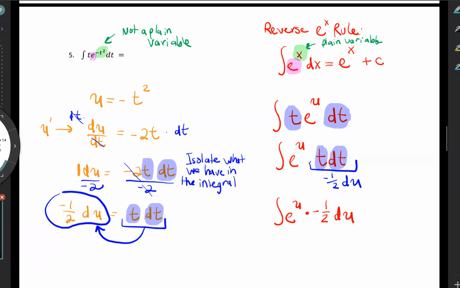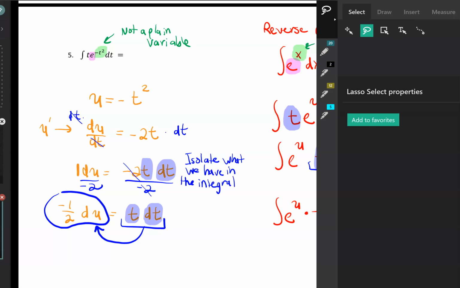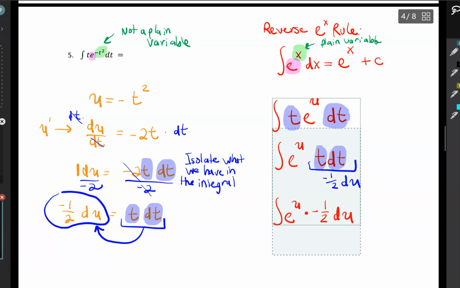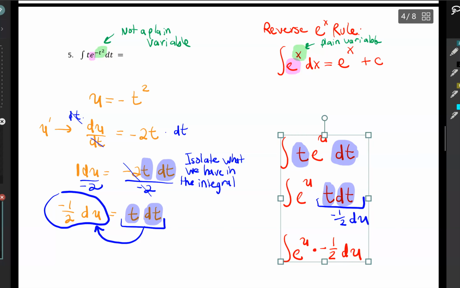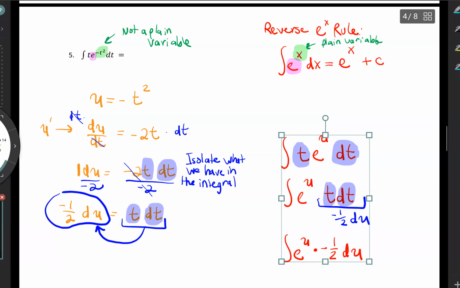Okay. So not a trick way, but a way to think about this is come back to your integrand. Let me rewrite my integrand over here. Give me a second. I'm going to move this down. Okay, so my original problem looked like this: t e to the negative t squared dt.